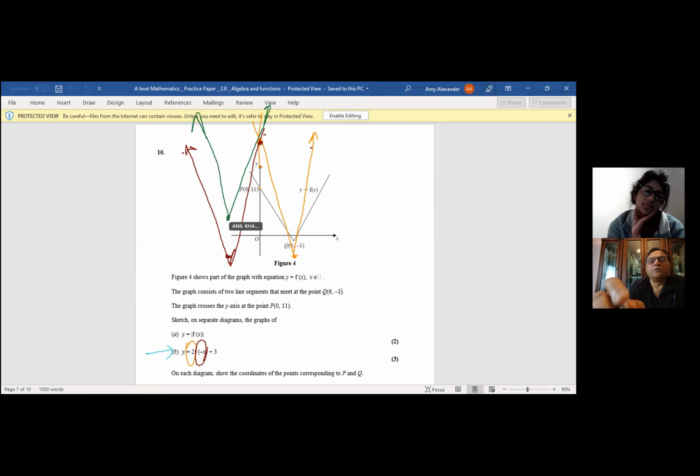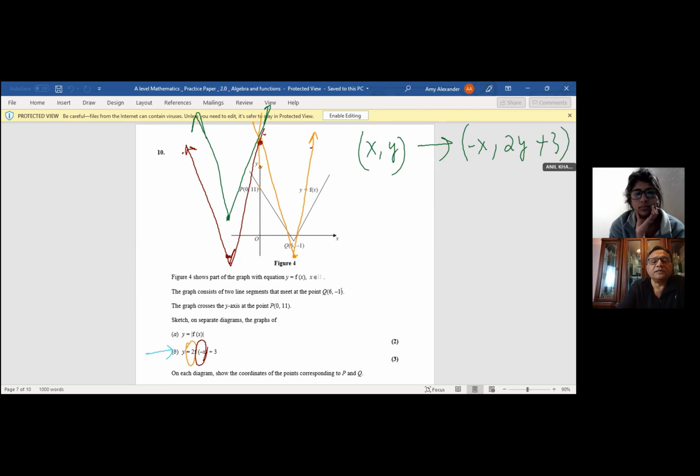Now show your work. I did a wrong calculation last time. We are multiplying by 2: the x value is −x, and the y value is multiplied by 2 plus 3, right? So as far as point P is concerned, which is (0, 11), that will go to P prime: 22, 25. You can see that the final point will be at (0, 25).